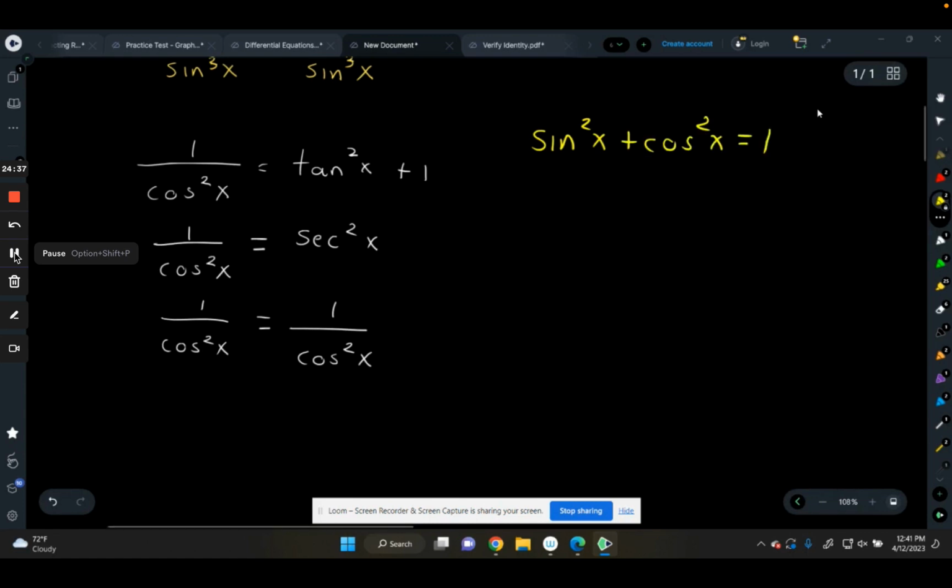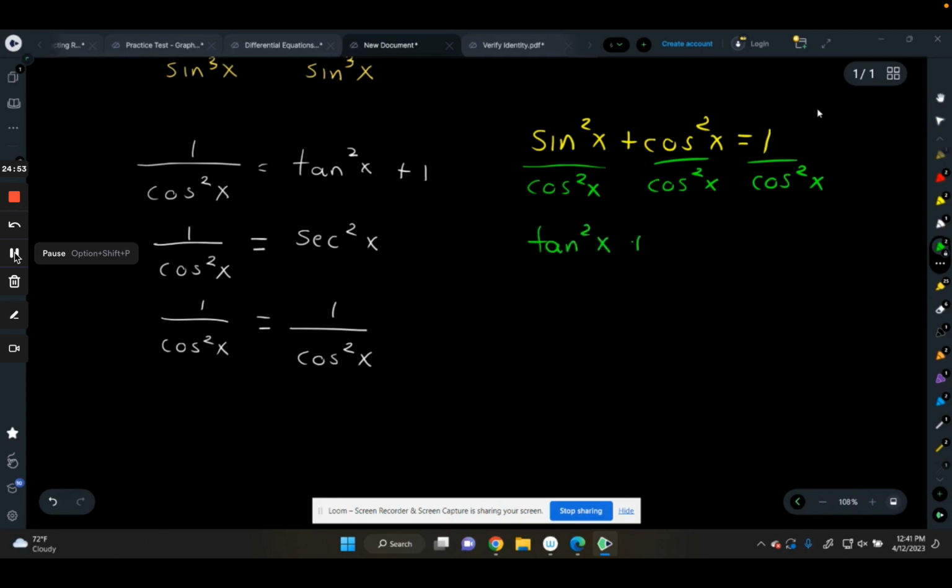So what we did is we said, oh, let's divide everything by cosine squared. So it all comes from that basic one. So this is going to be tangent squared. And then we have plus 1 equals secant squared. That's where it comes from.